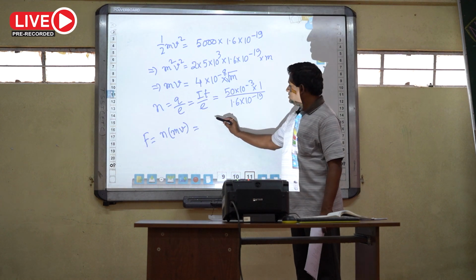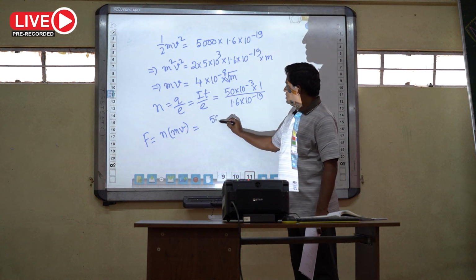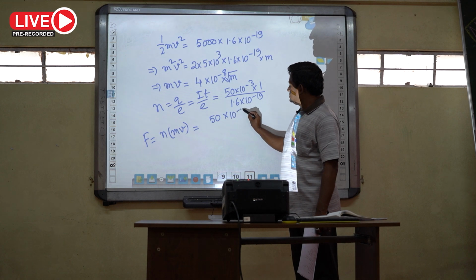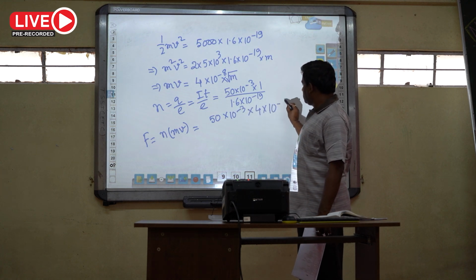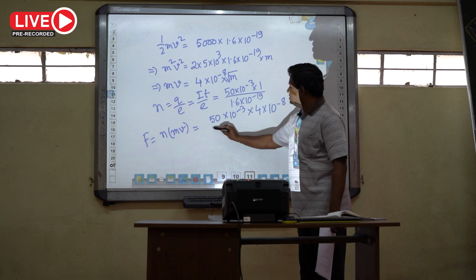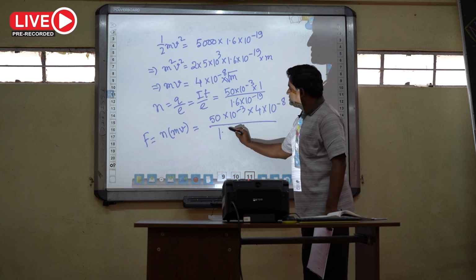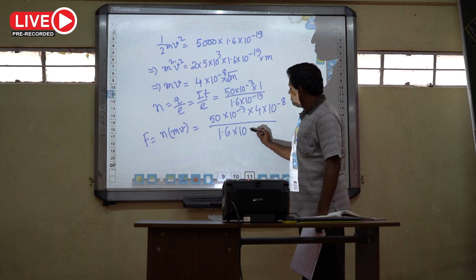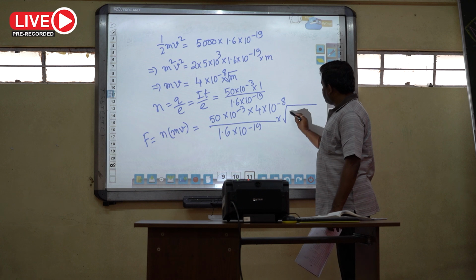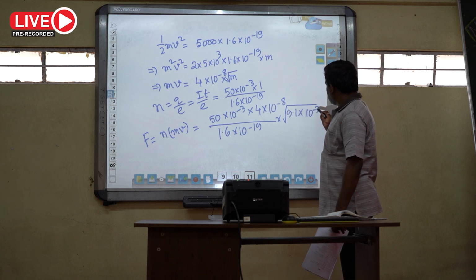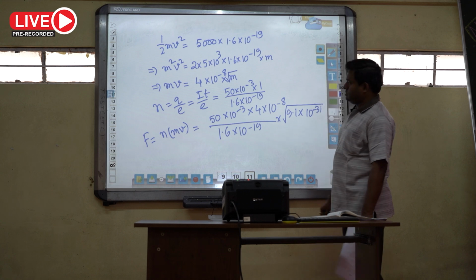So it will be 50 into 10 to the power minus 3 into 4 into 10 to the power minus 8 divided by 1.6 into 10 to the power minus 19 into root over of 9.1 into 10 to the power minus 31, mass of the electron.